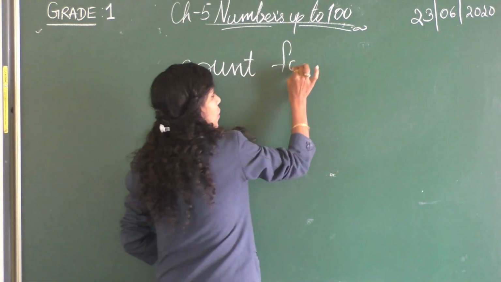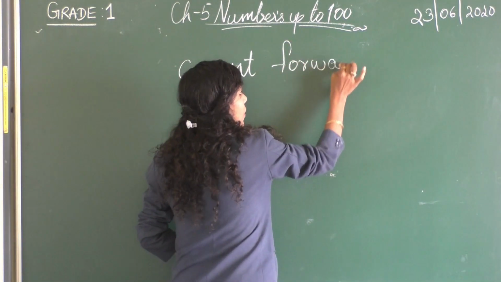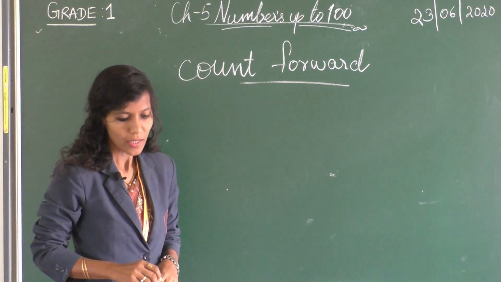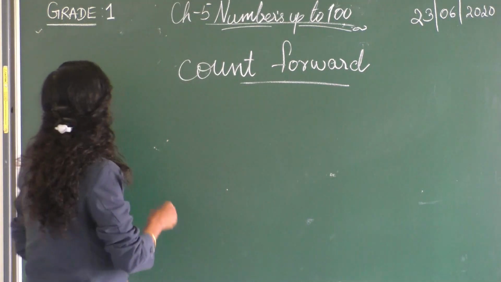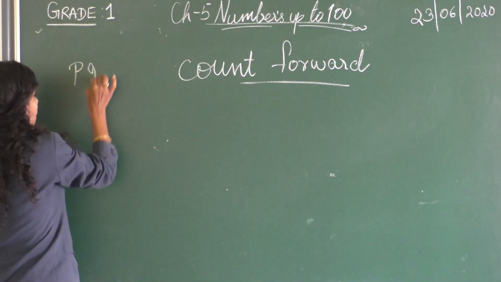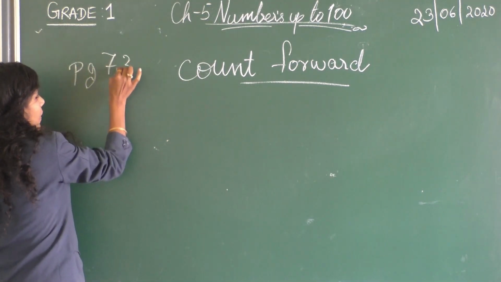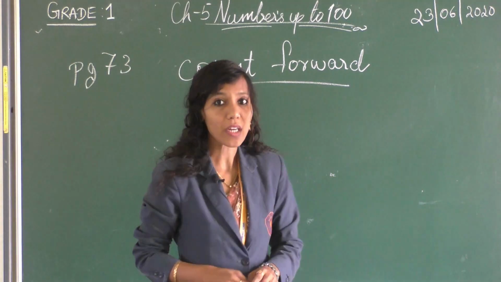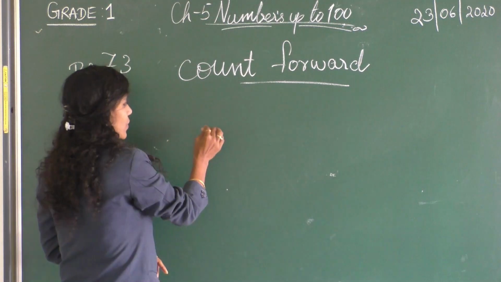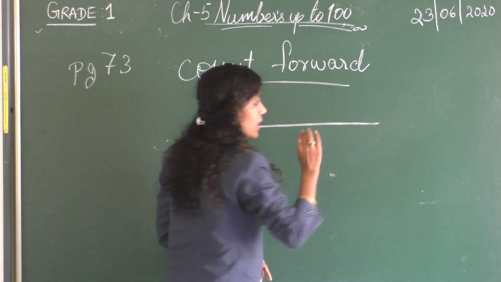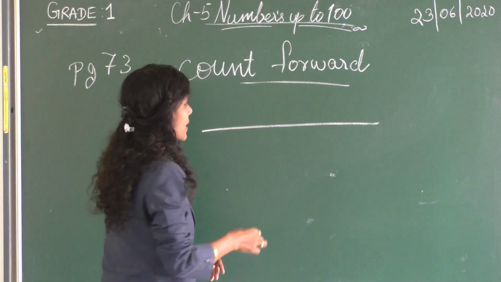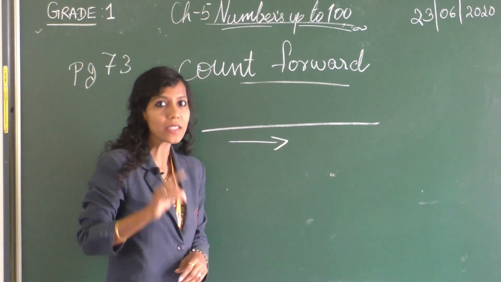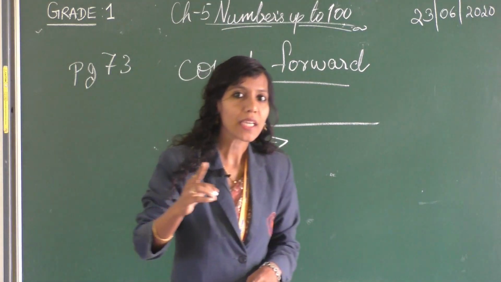Count forward is what we're going to do first. Go to page 73. There you find the concept of count forward and backward. Now what is count forward? Like we did in the previous chapter, it is where you go one step forward every time on a number line.